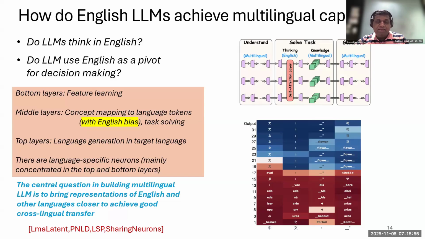Studies have also identified language-specific neurons, mainly concentrated at the bottom and top layers, because that's where language-specific things are happening. So the central question in multilingual LLMs and for extending LLMs is how we can bring English representations and representations of other languages at different layers closer to each other, so as to achieve good cross-lingual transfer.